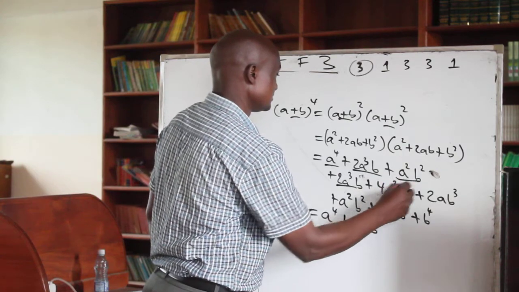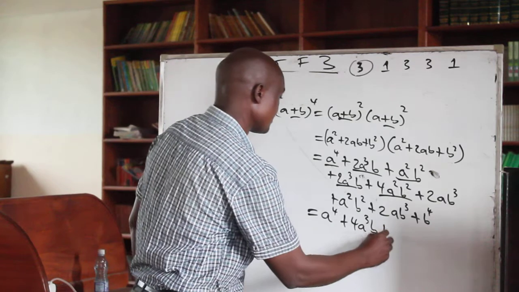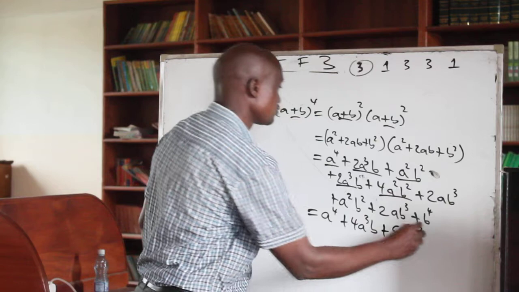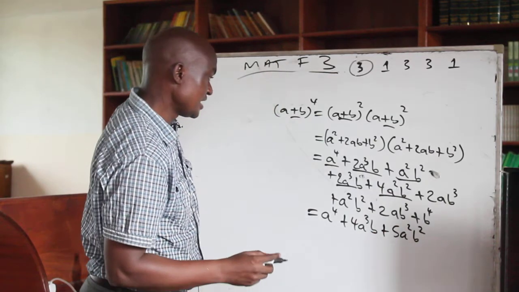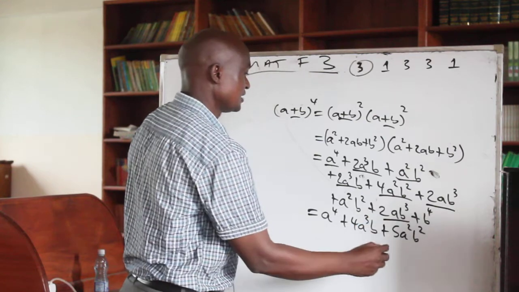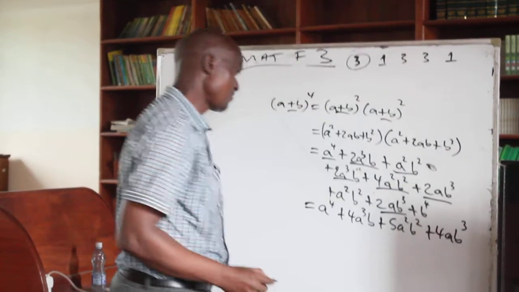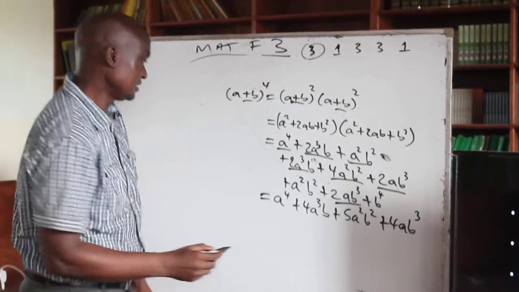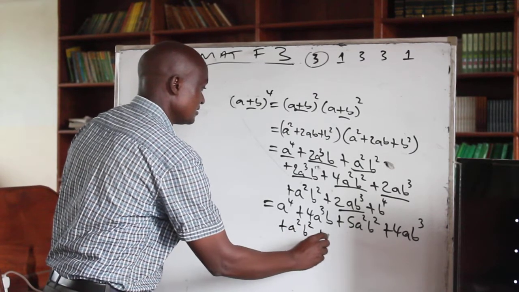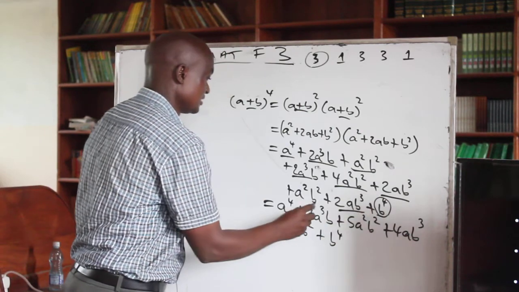Let's see, this one should be 5a squared b squared. Then we have this one and this one, that's 4ab power 3. Then we have plus a squared b squared plus b power 4. This is the last one, and this one was remaining.